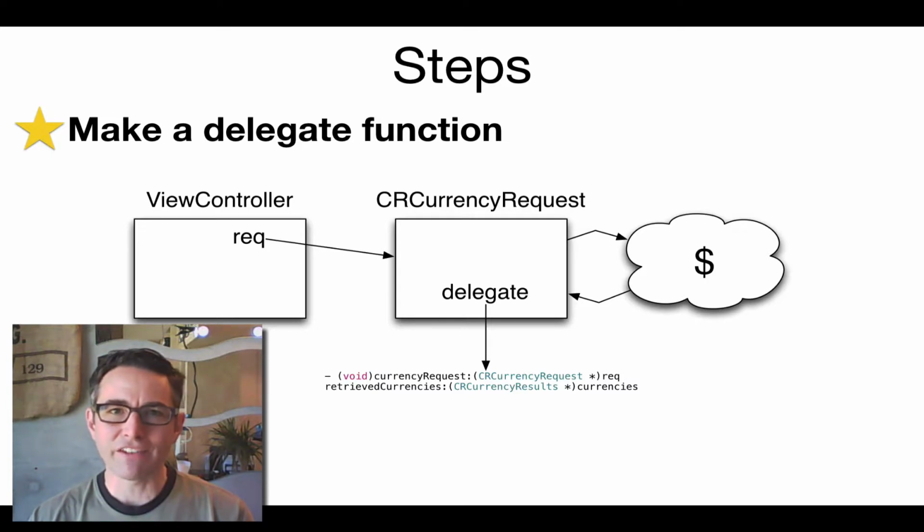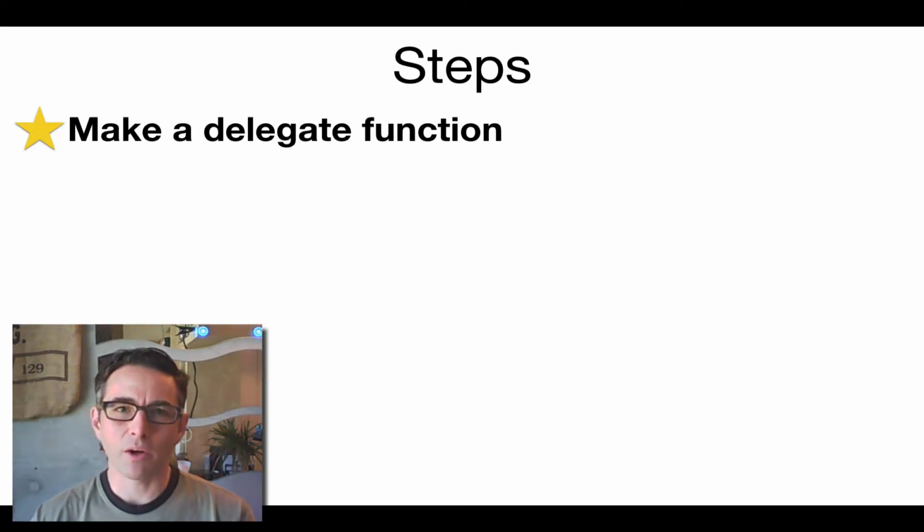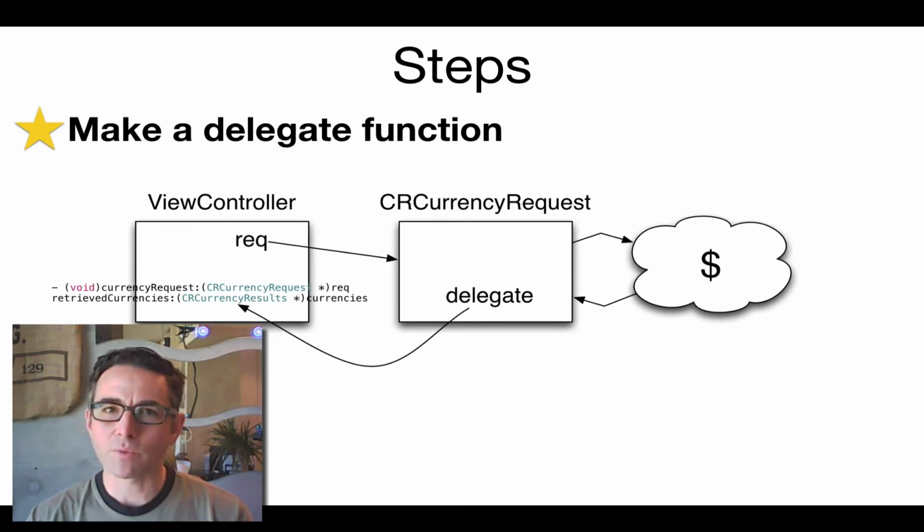So we need to specifically set the delegate within the object to be our object. We can only do that if we implement the correct interface. If we implement the interface, that's a way of telling the compiler that we actually have the method that's required by the delegate to be called when the currency request comes back.